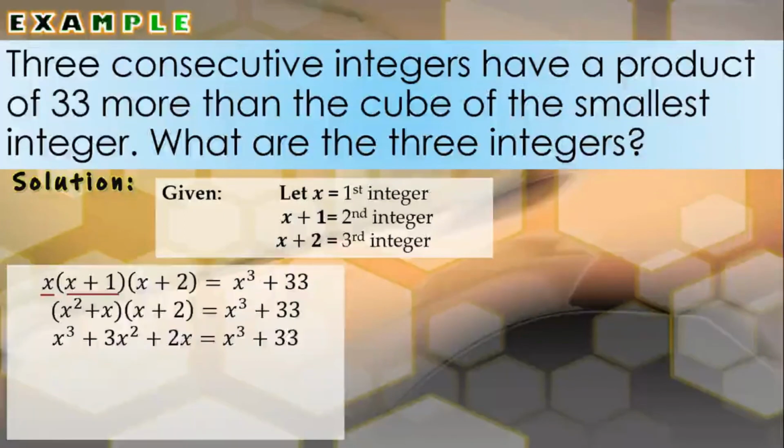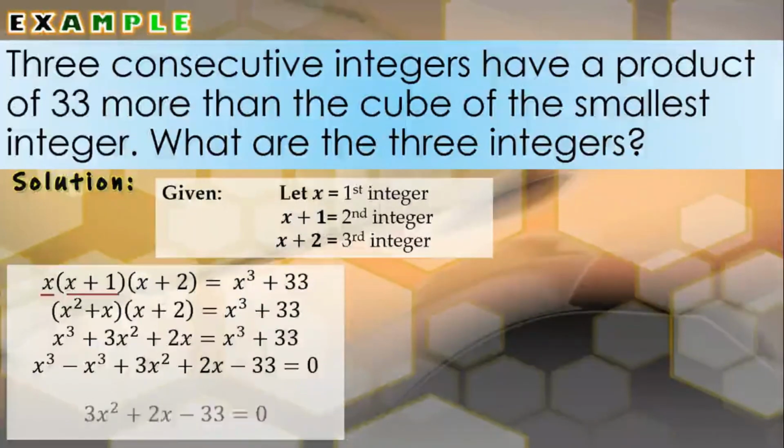And then, if we multiply the two binomials, then that will become x cubed plus 3x squared plus 2x is equal to x cubed plus 33. And then transpose x cubed plus 33 and combine similar terms, then that would become x cubed minus x cubed plus 3x squared plus 2x minus 33 is equal to 0.